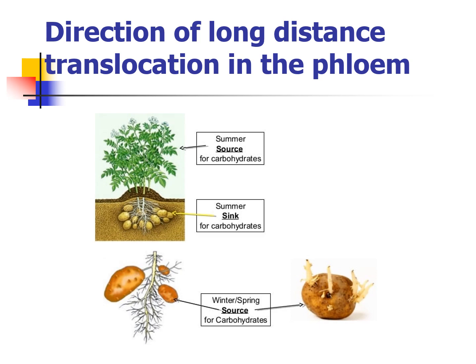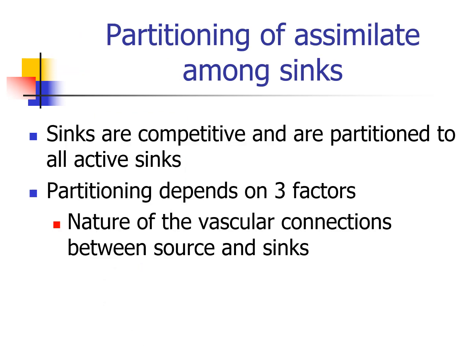The storage organ becomes a source as its starch is broken down to sugar, which is carried away in the phloem to the growing buds. Assimilates are partitioned among sinks, which are competitive.